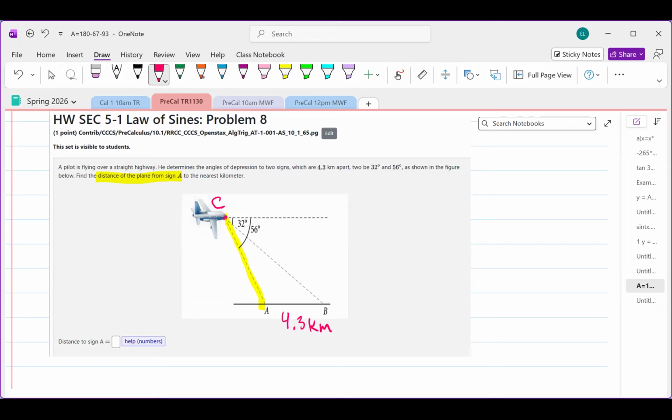So I can call my plane C. So could I figure out angle C? What does it look like angle C should be based on those two things we have there?